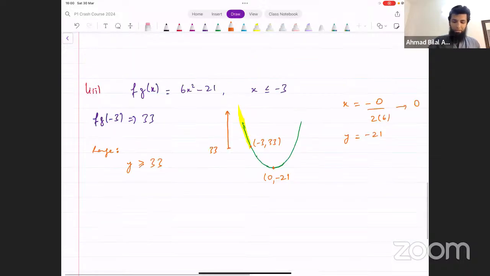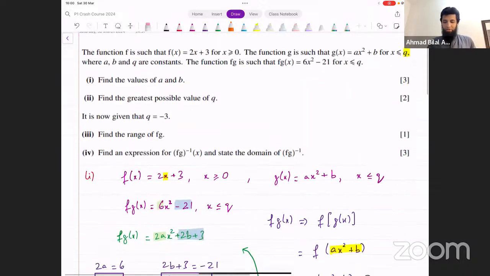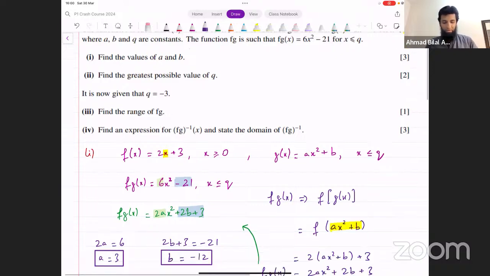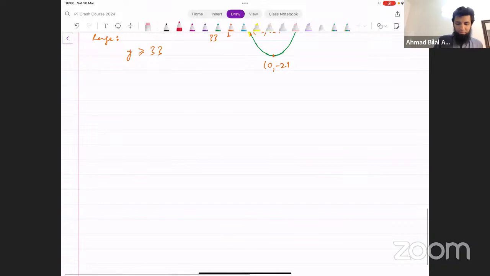Okay, now let's have a look at the last part. That's the range of fg. Find an expression for fg whole inverse of x and state the domain of fg whole inverse. So now we need to find the inverse of this function, fg whole inverse of x. Part 4.